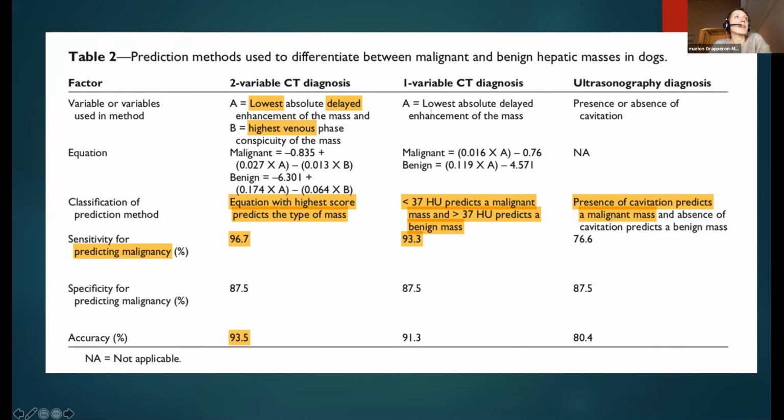They also elaborated another equation with just a single variable, the lowest absolute delayed enhancement of the mass.